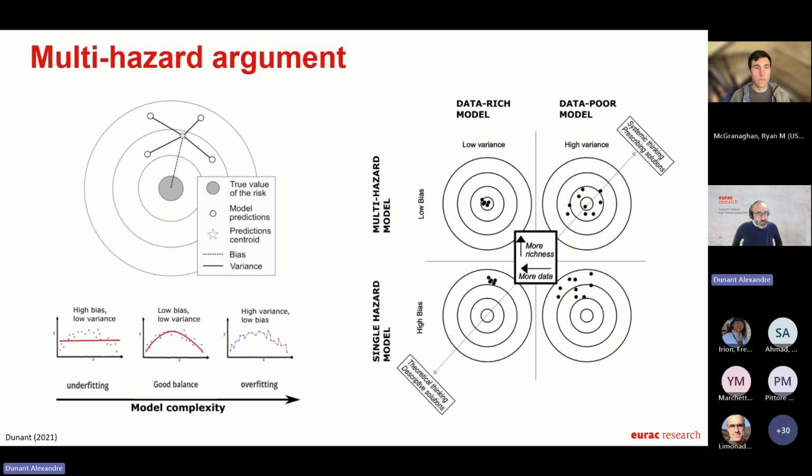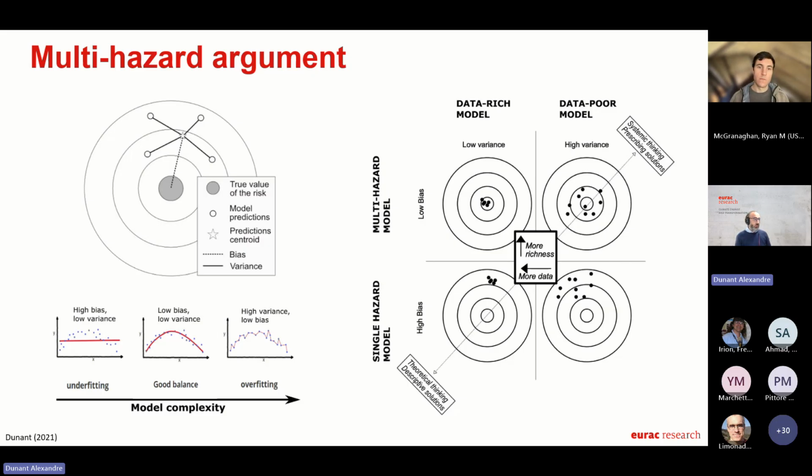So in 2021, I wanted to make a bit more of an analytical argument using a bias-variance trade-off that is used often in machine learning, whereby if you've got low variance, you're underfitting. If you've got too high a variance, you're overfitting.